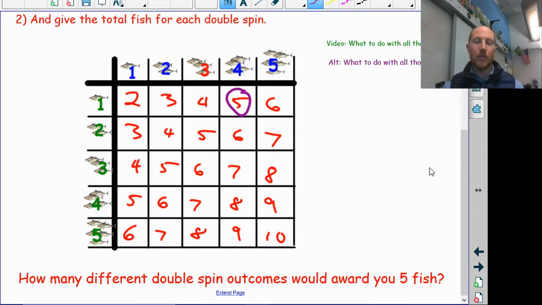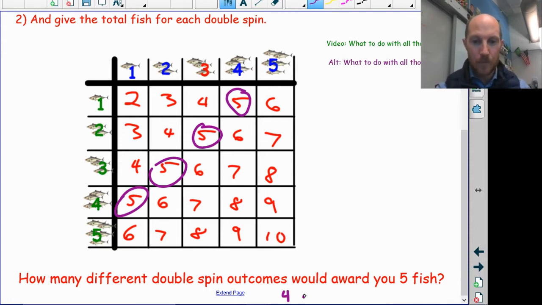How many different double spin outcomes would award you a total of 5 fish? Well, there's 4 spots in my outcome table that give me 5 fish, right? 4 and 1, 3 on blue and 2 on green, 2 on blue and 3 on green, 1 on blue and 4 on green, and there they are. 4 outcomes give me 5 fish.